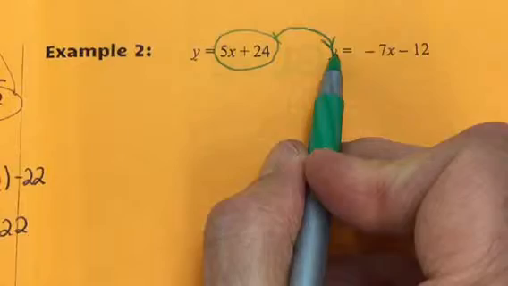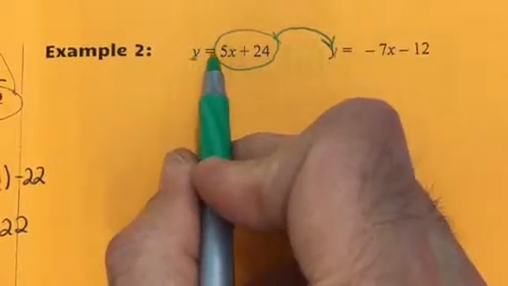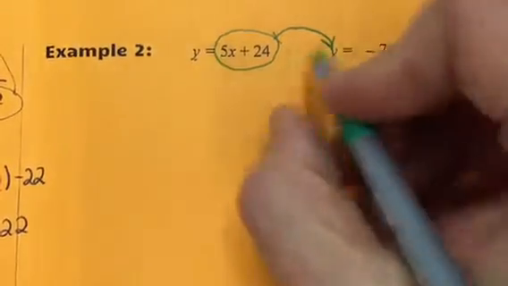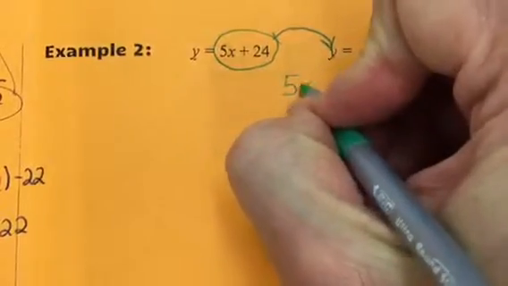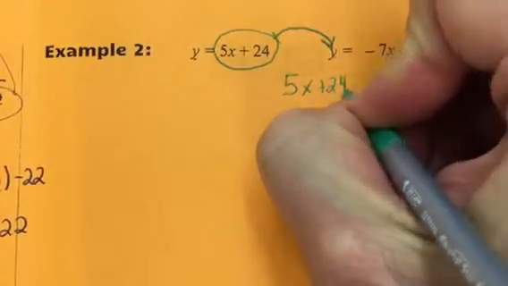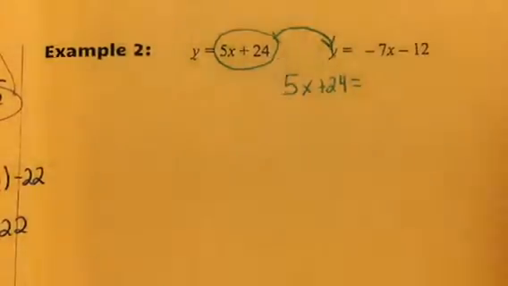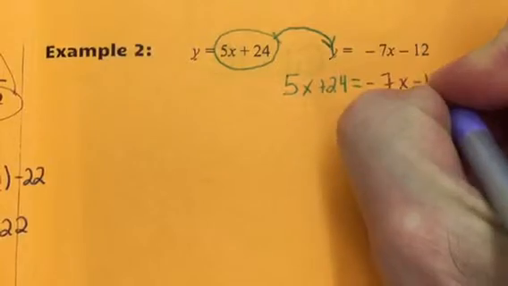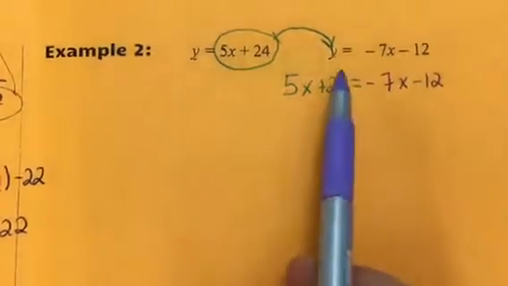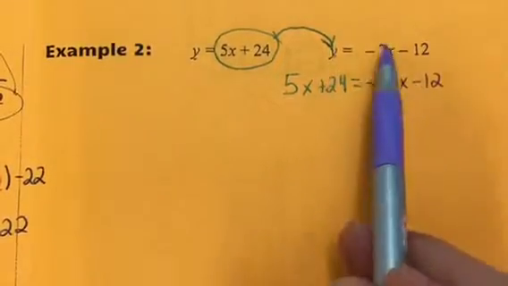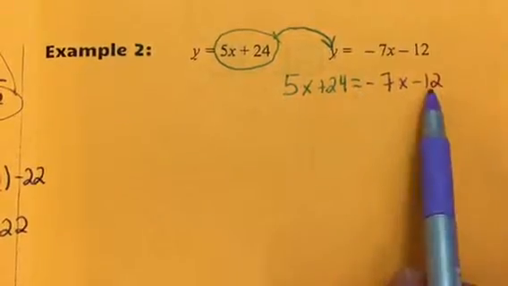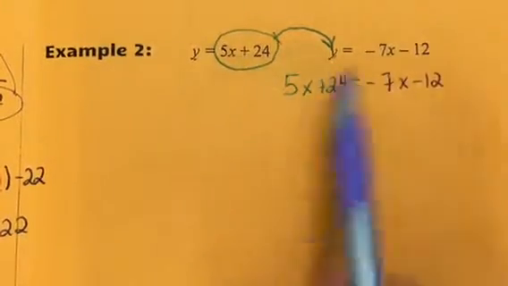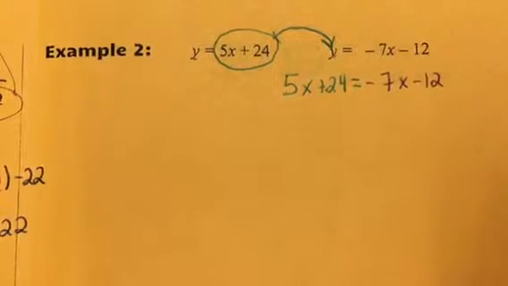I can replace this y with what this y equals. 5x plus 24 equals negative 7x minus 12. This y became this, and this is still here. Now I have a new equation using substitution.